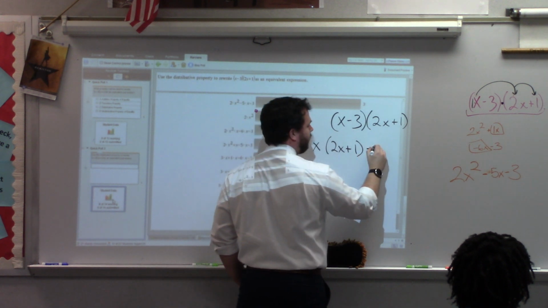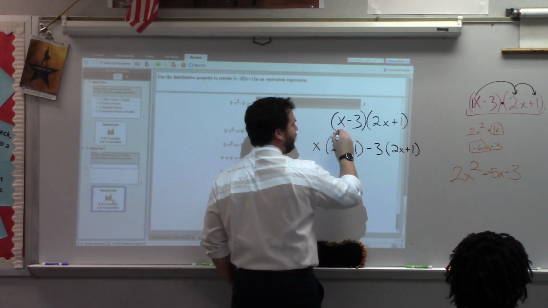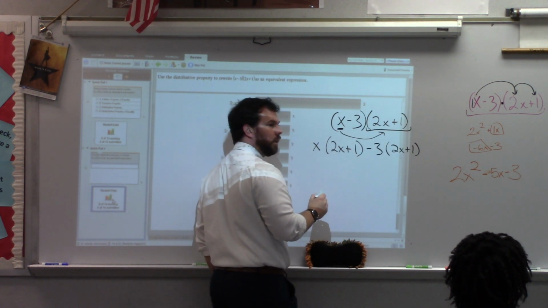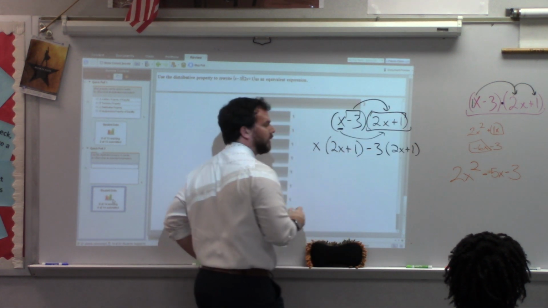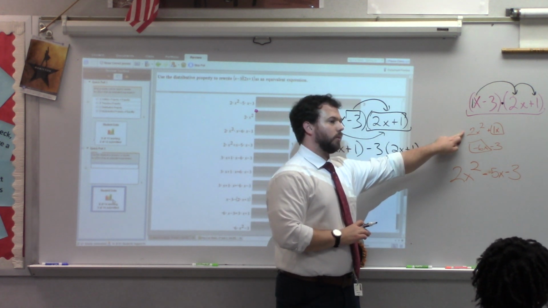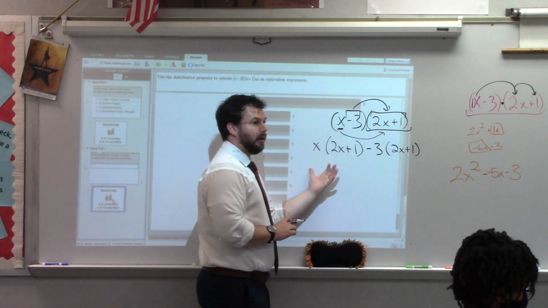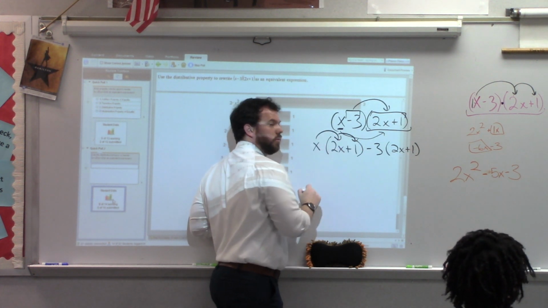You're then taking that minus 3 and multiplying it by 2x plus 1. You're taking this x and distributing it to this entire expression. You're taking this minus 3 and multiplying it by this entire expression. So the negative 3 is not being multiplied by this 2x squared plus x. Typically this is not how I draw it out, but you can. Notice you would then distribute inside of here.